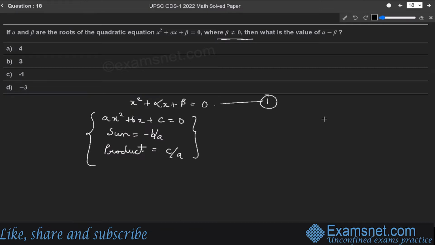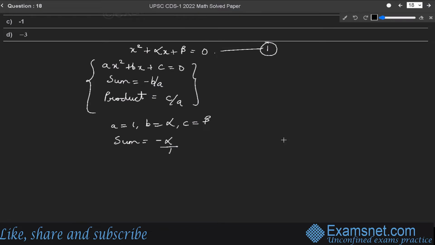Let this be equation number 1, and according to the given equation, a is equal to 1, b is equal to alpha, and c is equal to beta. Therefore, sum of roots will be minus alpha upon 1, which can also be written as 2 alpha plus beta is equal to 0. Let this be equation number 2.